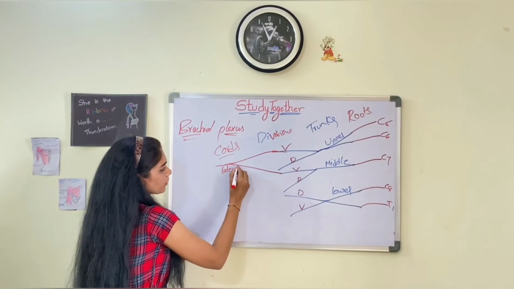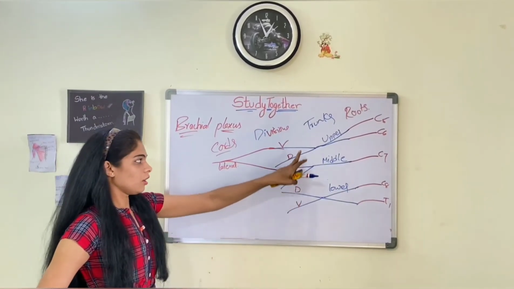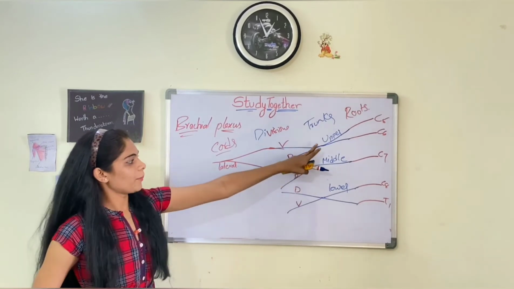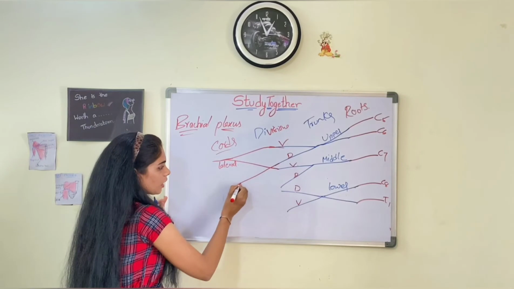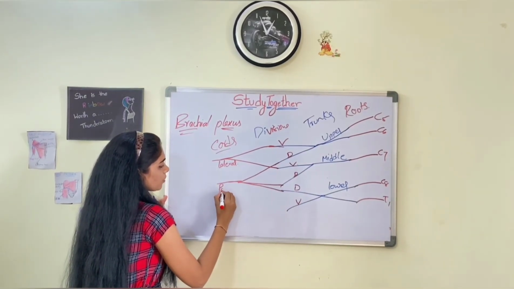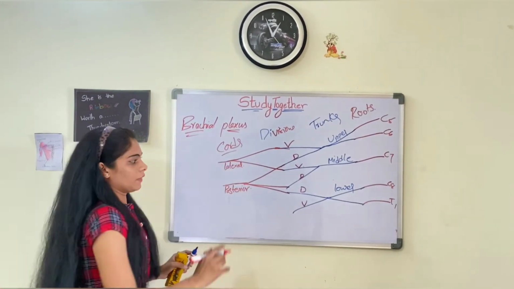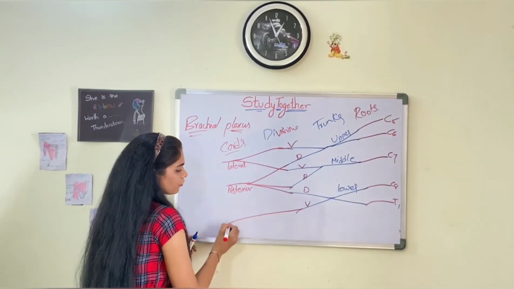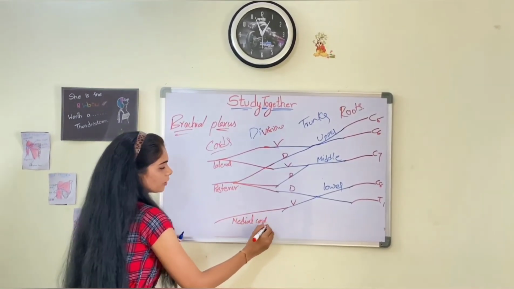Now all your dorsal divisions, from the upper, middle and lower trunks, combine and form your posterior cord. The last ventral division forms your medial cord. I hope you understood this.